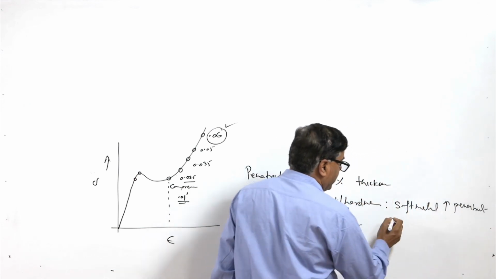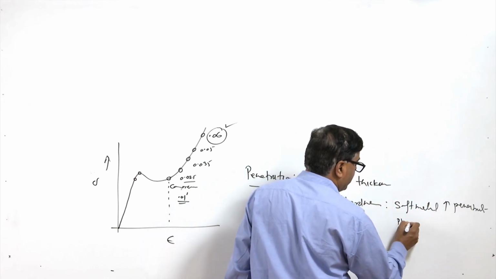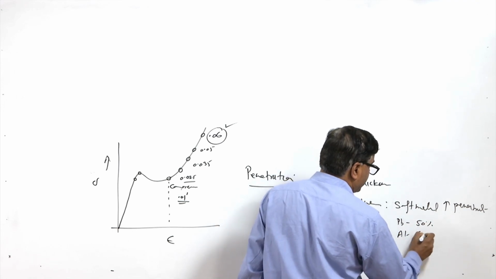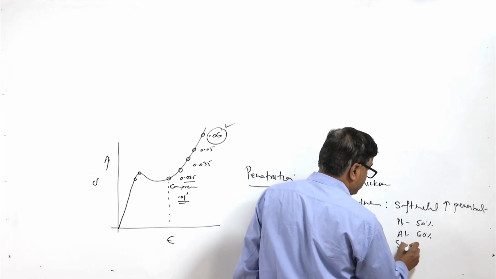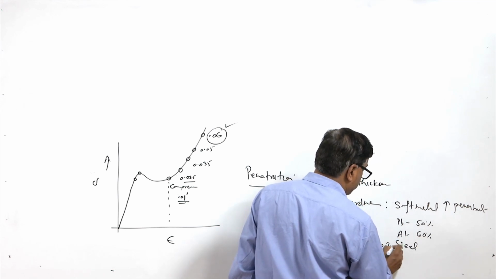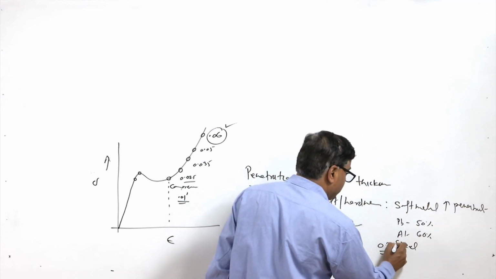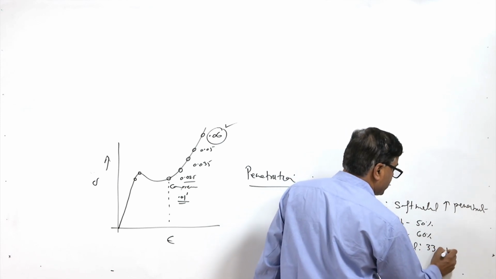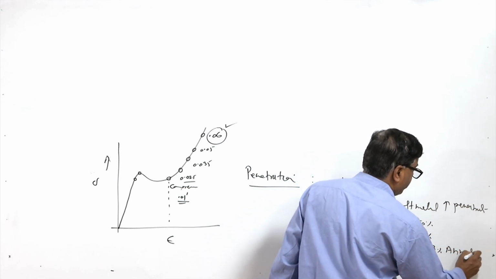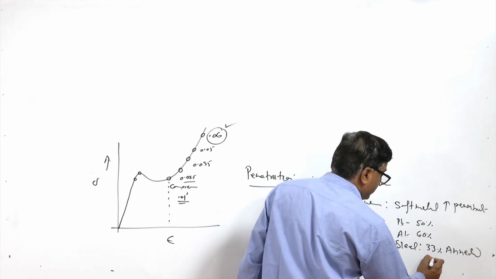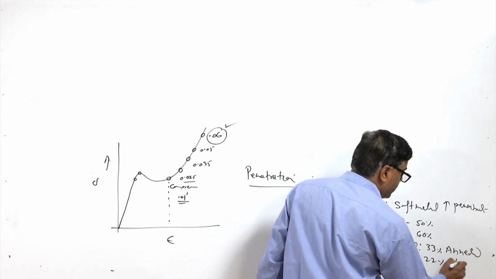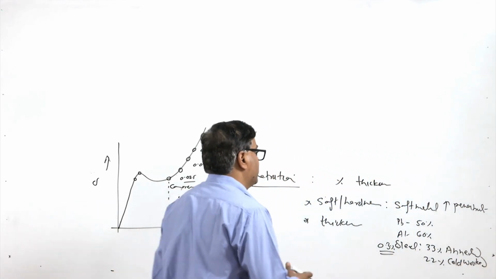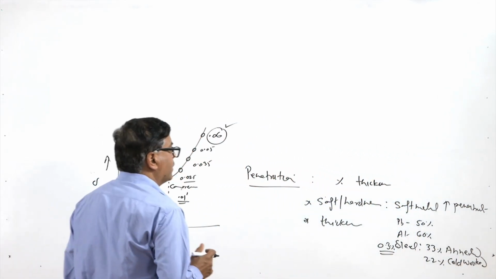For example, if we consider lead, the penetration required is 50%, and for aluminum it is 60%. If we consider steel having 0.03% carbon, the required penetration is 33% when it is soft, and only 22% when it is cold worked, meaning it is of higher hardness and lower ductility.